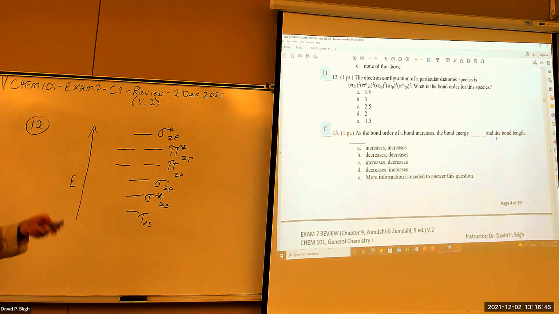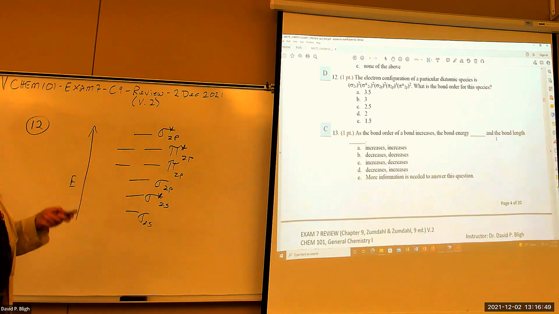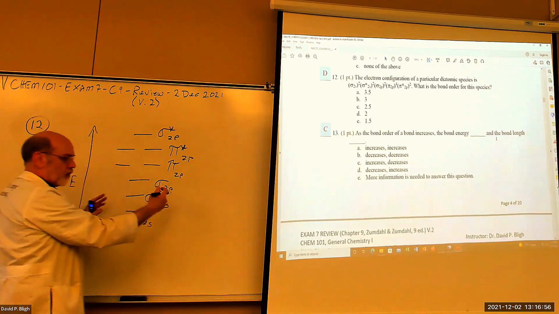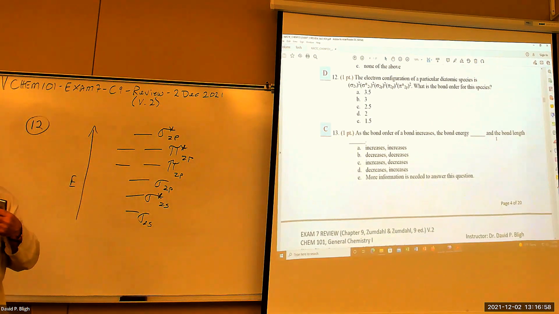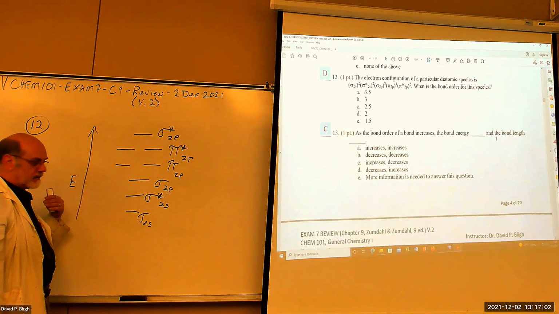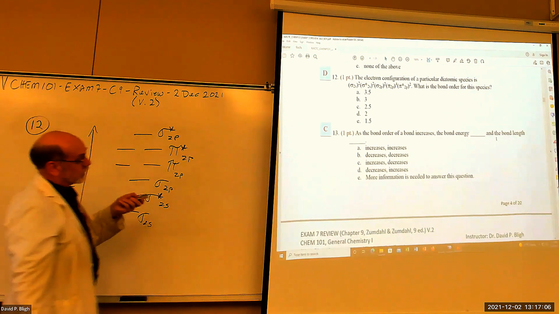Well, it doesn't show the sigma, but it's because we don't need it. But the point here is that this is a shorthand way of writing it. It's like writing electron configurations for an atom. The left-hand side is the lowest energy. So if you just take this whole thing and lay it flat, that's what it would look like right there.